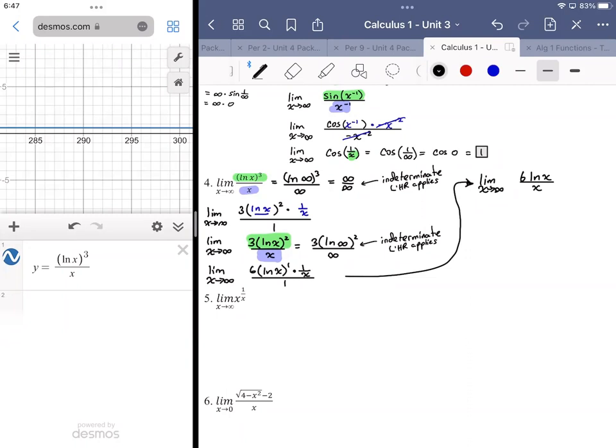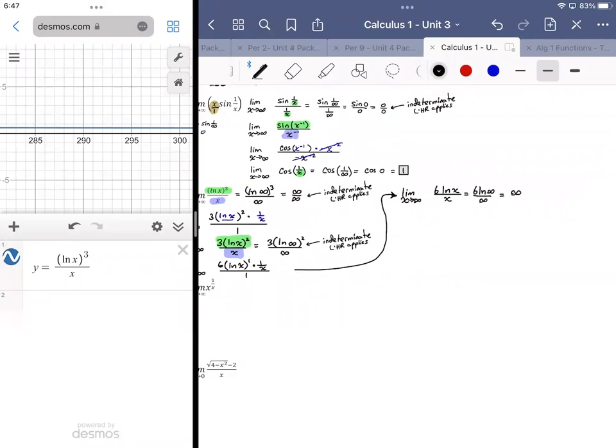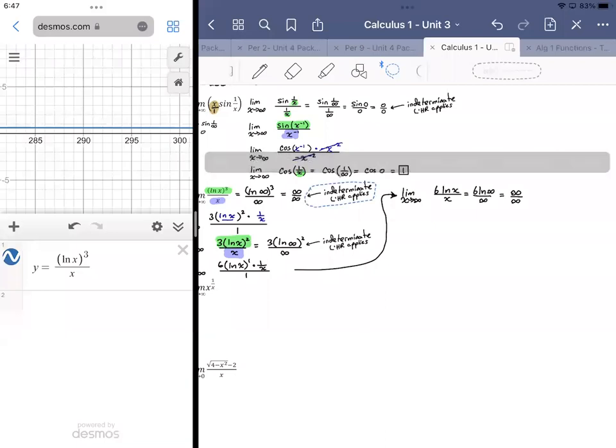So the situation is improving, it just doesn't seem like it is. But if I apply my limit again, I have 6 ln infinity over infinity, still an infinity over infinity situation, still indeterminate, still L'Hopital's rule applies.